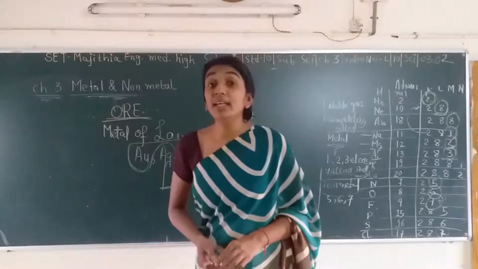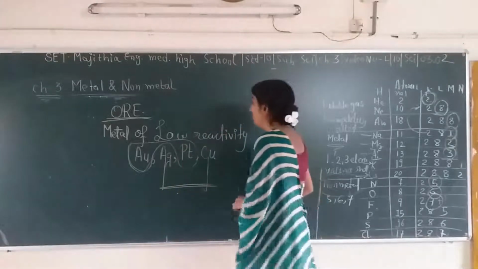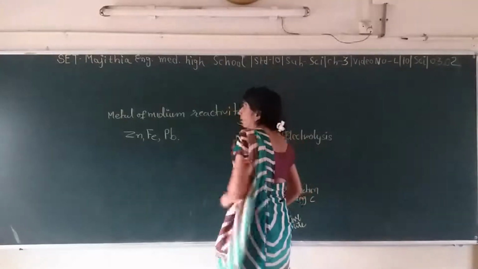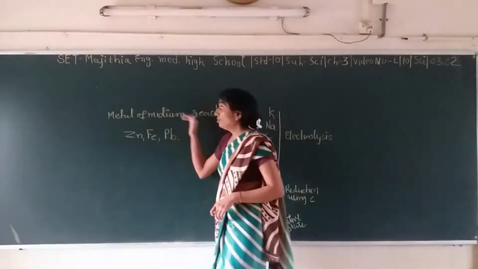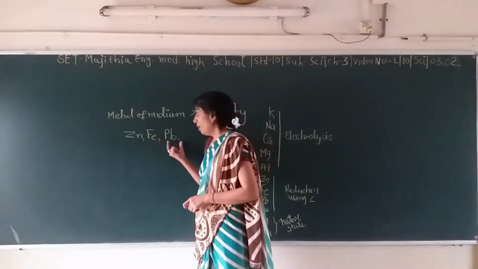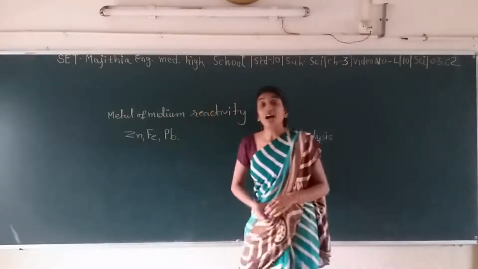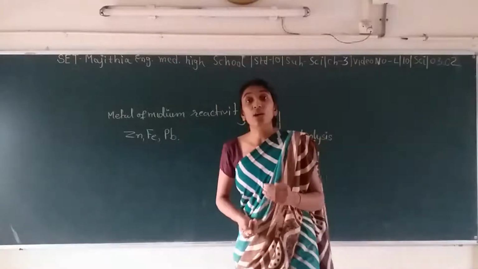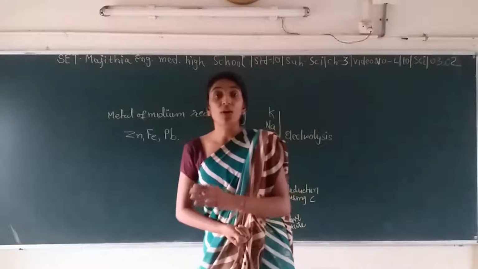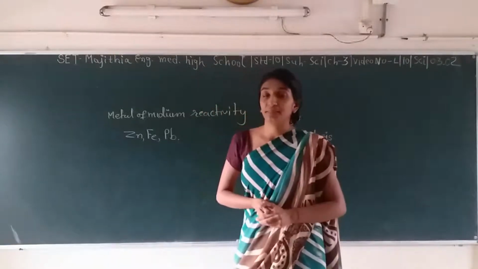Metals of medium reactivity. Zinc, iron, lead, etc. are examples of metals of middle reactivity. In the activity series, they belong to the middle part of it.